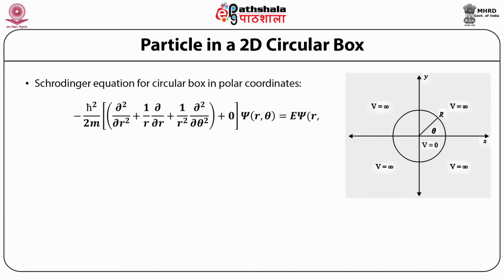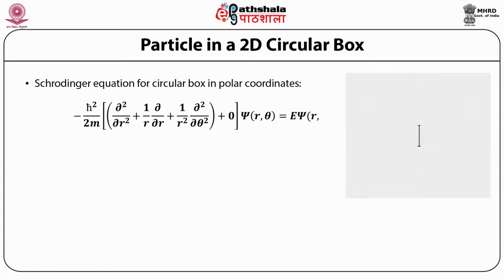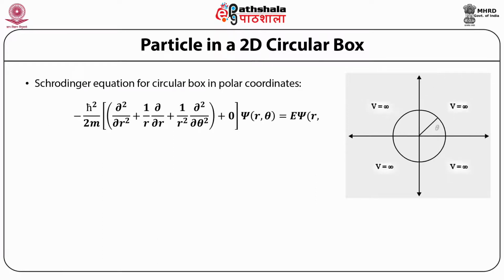So the Schrödinger equation for a circular box in polar coordinates becomes minus h cut square by 2m multiplied by bracket del square by del r square plus 1 by r del by del r plus 1 by r square del square by del theta square plus 0 bracket close psi(r,theta), it is equal to E psi(r,theta).